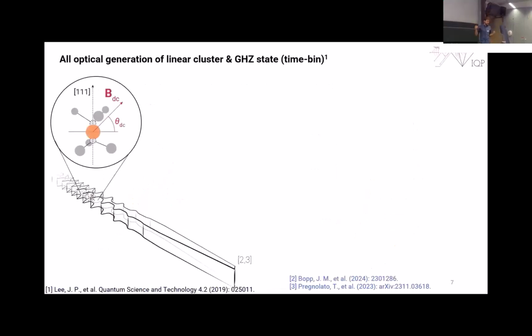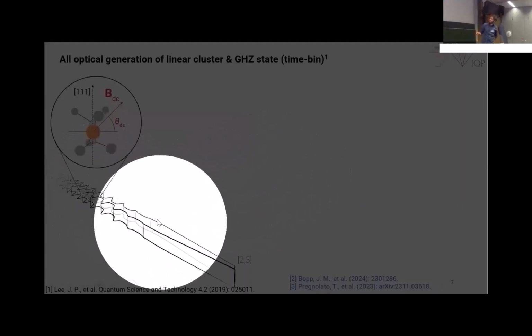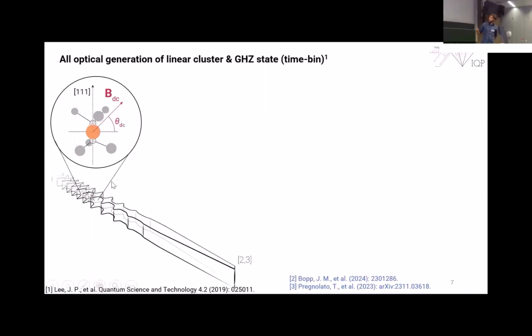So another ingredient that is really important that I haven't mentioned yet is a cavity that enhances one of the transitions. So this is through Purcell enhancement, and some of you might not be familiar with these types of cavities. So this is a design that was created in our group. Julian Bock is one of the PhDs in our group.